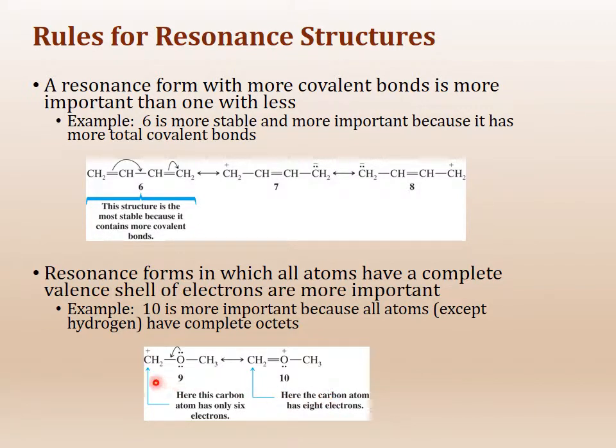In this case over here, carbon is not a very happy camper, but in structure number 10, carbon is happier. It's really important that all atoms be more stable. Oxygen is still stable over here and it is stable here also, but carbon was not stable in 9, but carbon is more stable in 10 because of the octet.